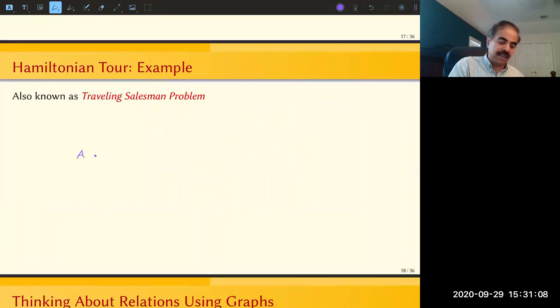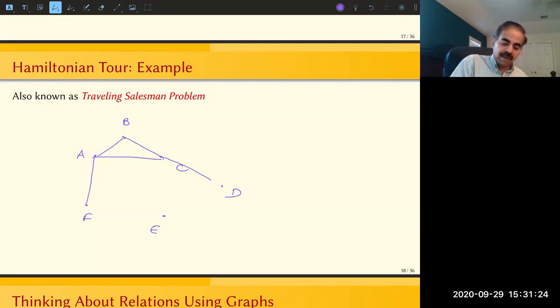So maybe let's call them cities A, B, C, D, E, F, and there may be many roads between them, right? So maybe not every pair of cities is connected, but some are connected, and some are not connected.